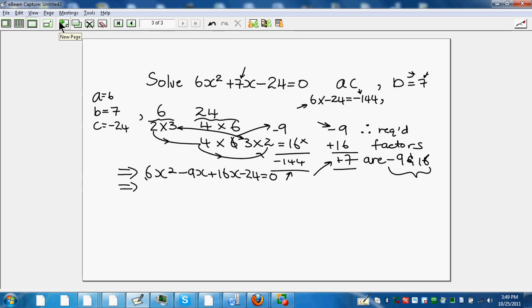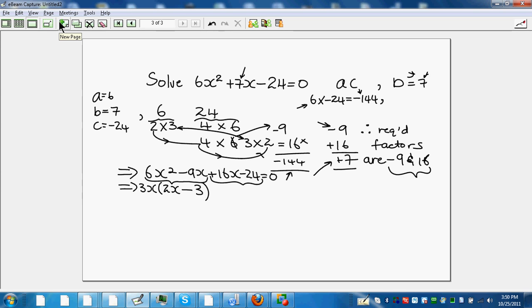And in the first pair of terms, we'll take out the HCF, which will be 3x. So if we take out 3x from there, we'll get 2x, and then if we take it out from here, we'll get minus 3.